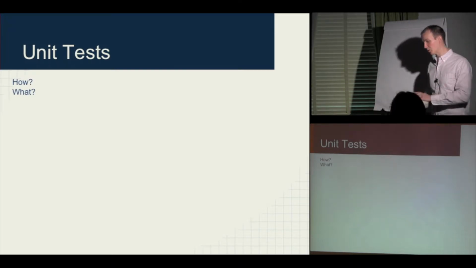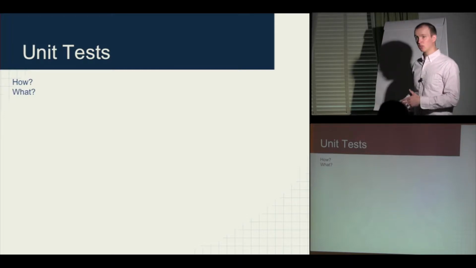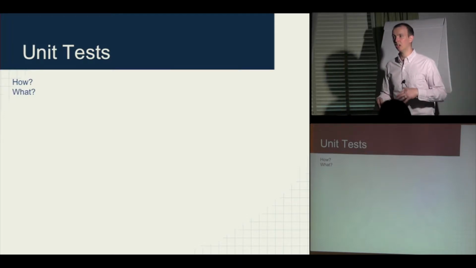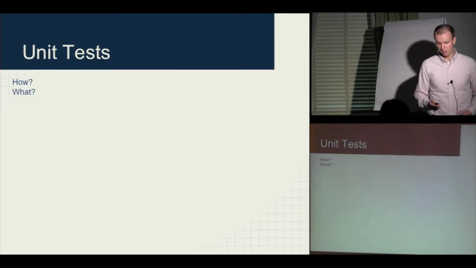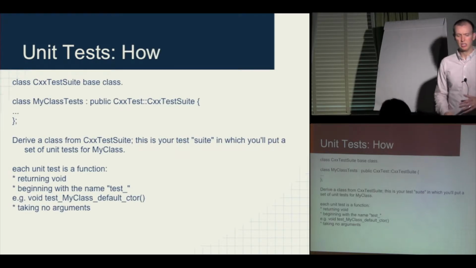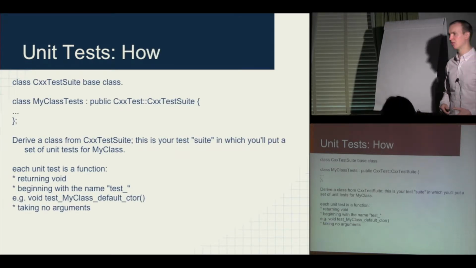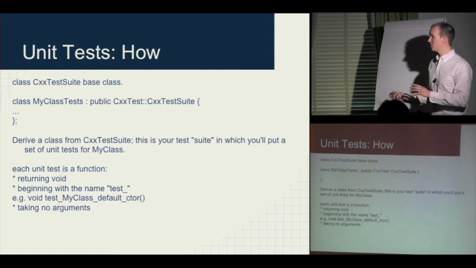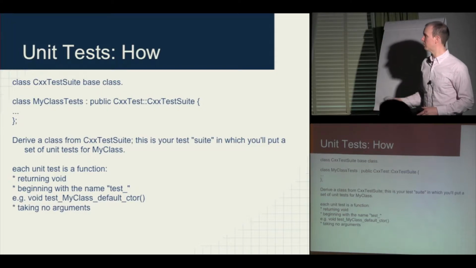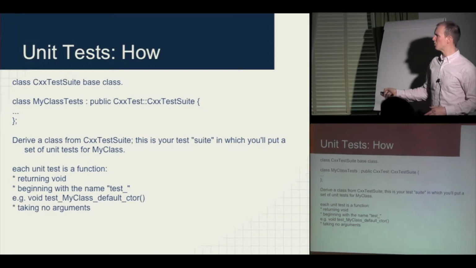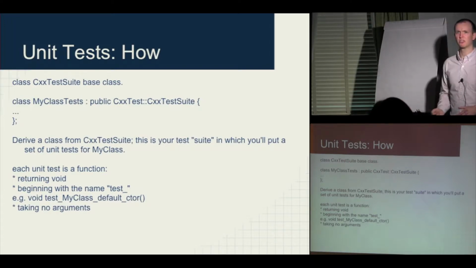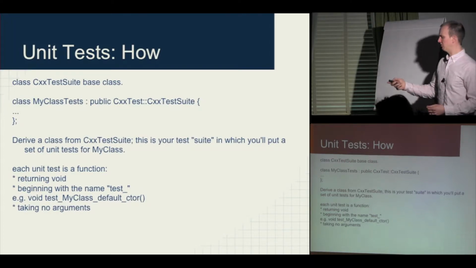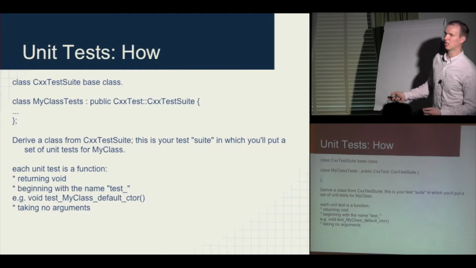Okay, so the 2 big questions: how do you create a unit test, and then what is a reasonable unit test? Okay, so the how in Rosetta is through this test suite package that we have called Cxx Test Suite. I always wondered what the X was about, whether it was hidden or something, but if you turn your head, it looks like a plus on its side.